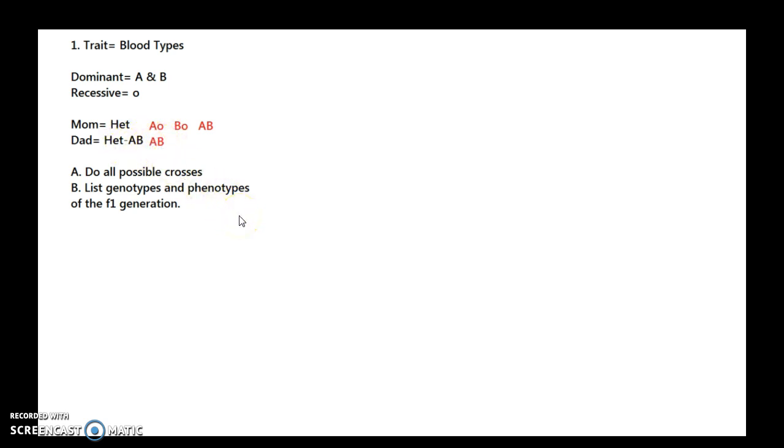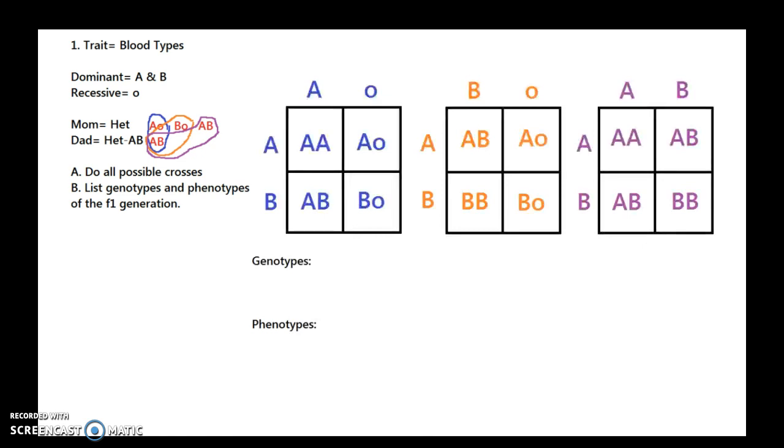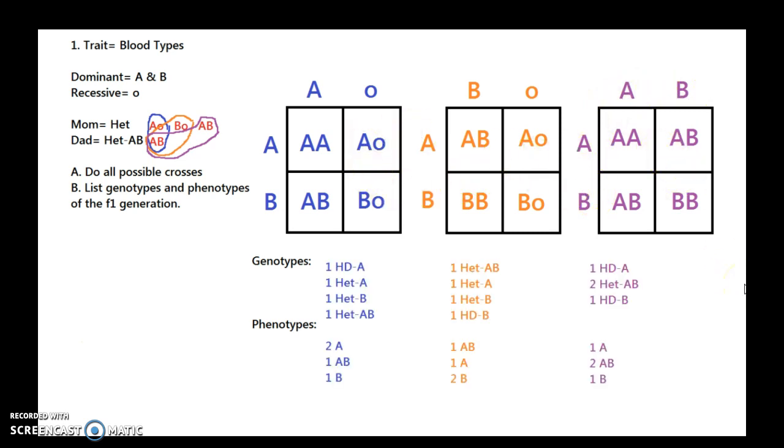So how many squares do we need to do? 1, 2, and 3. So we have 3 squares that we need to fill in, which I have color-coded for you. So here I have mom being AO and dad being AB, mom being BO, dad being AB, mom being AB, and dad being AB. So once you fill those in, we do the genotypes and phenotypes for everything.